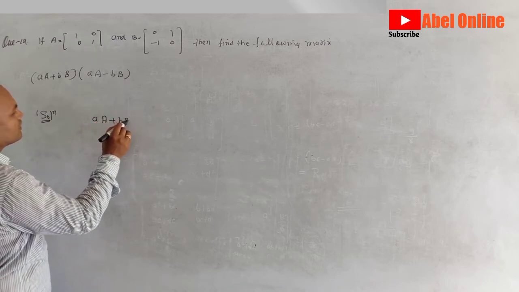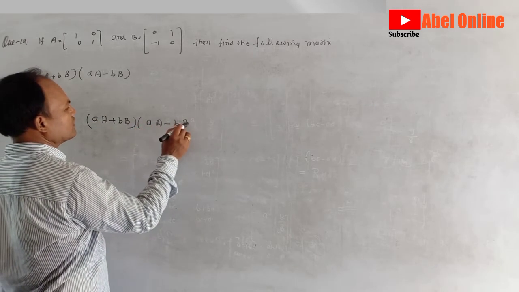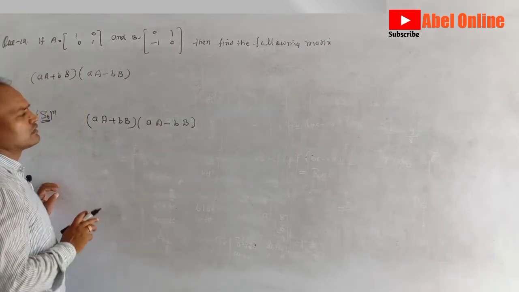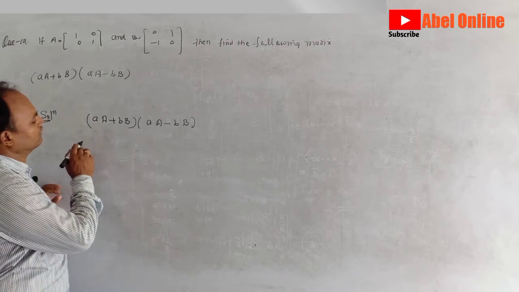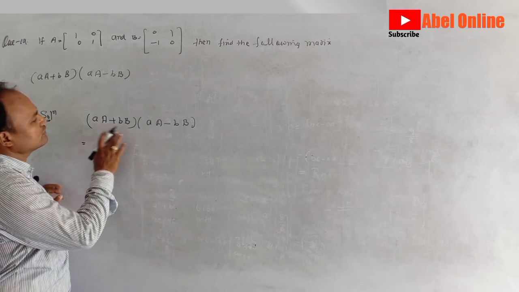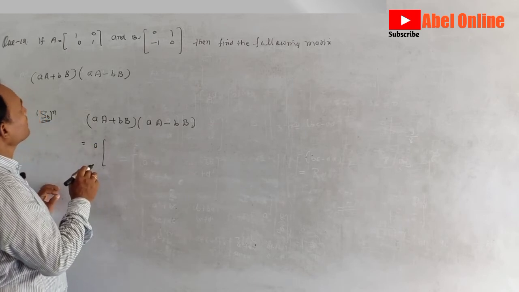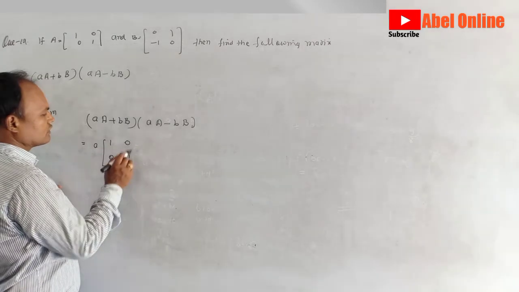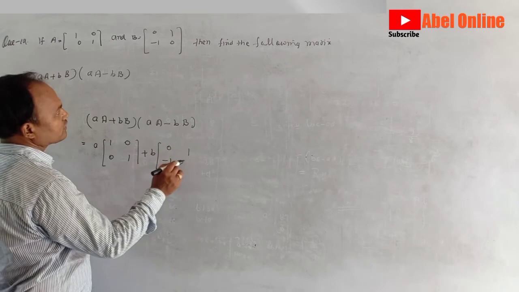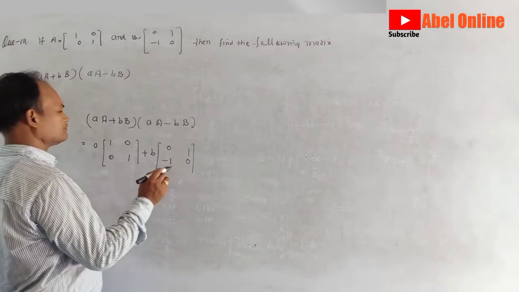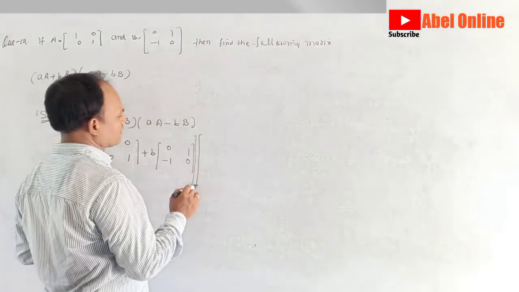A plus B and A minus B. Now A multiplied by A means 1 0 0 1 plus B, and the value of B is 0 1 minus 1 0. We are using a big bracket.